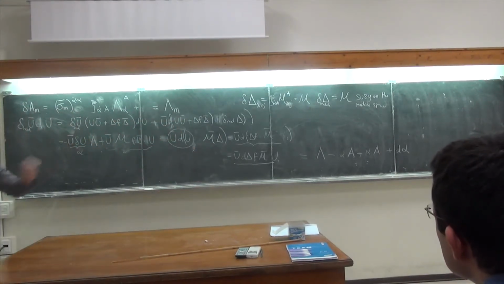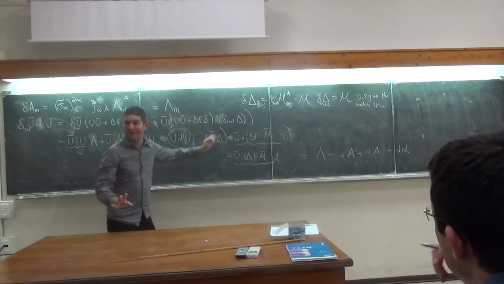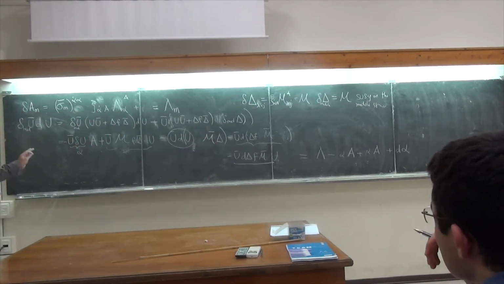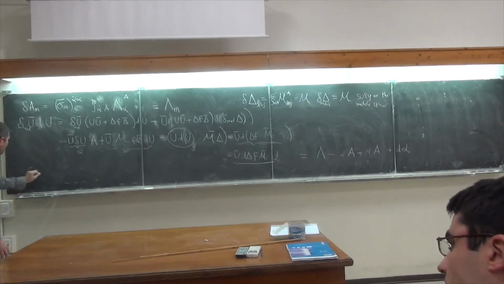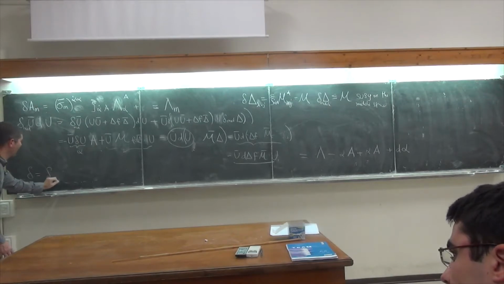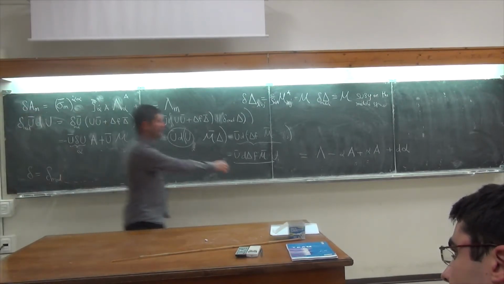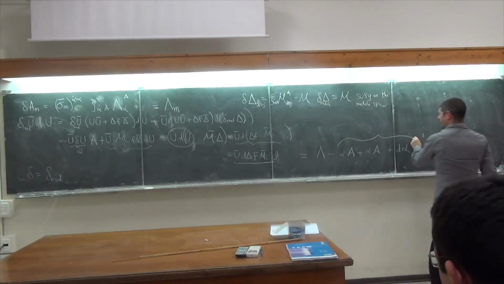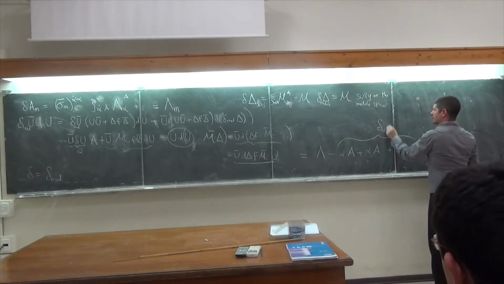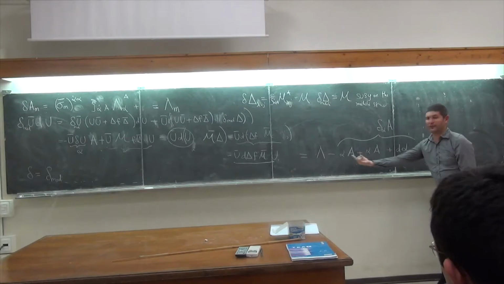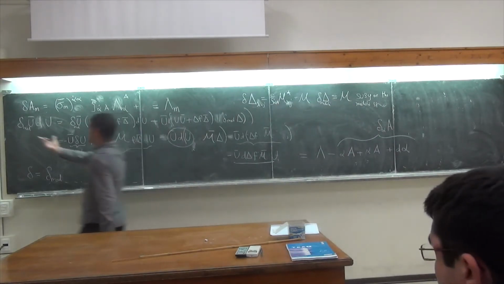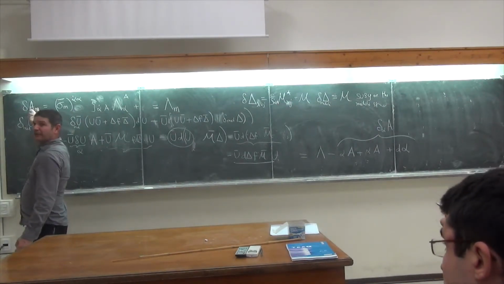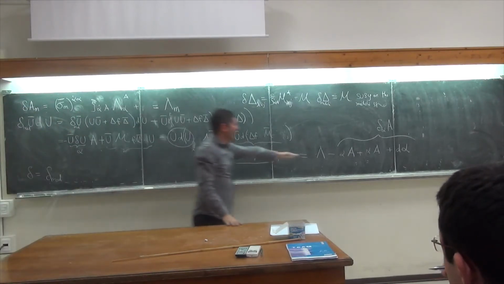Please finish this exercise. It's not important for what I will do. What I just wanted to say is that if you take delta equal to delta mod plus, this is just a gauge transformation on A. Therefore, the delta mod acting on the A gives lambda up to a gauge transformation.